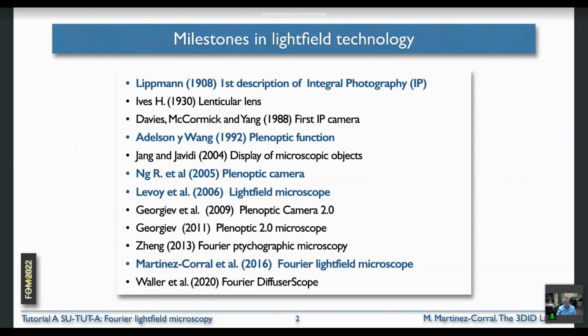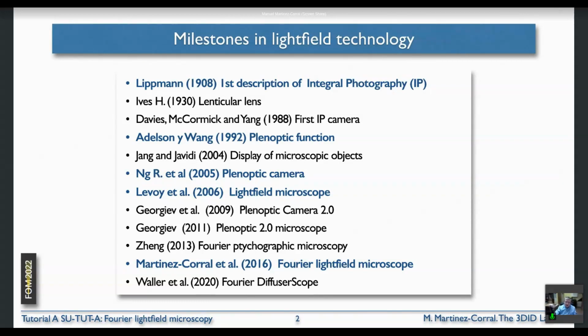Some years later, people from Stanford University, Ren Ng, and from the team of Levoy, reported the Plenoptic camera, a monocular camera with the ability of collecting three-dimensional images in real time. And 1 year later, the Lightfield microscope, based on the same concept, which I will explain along the day.